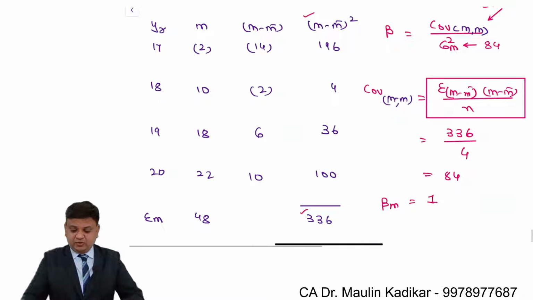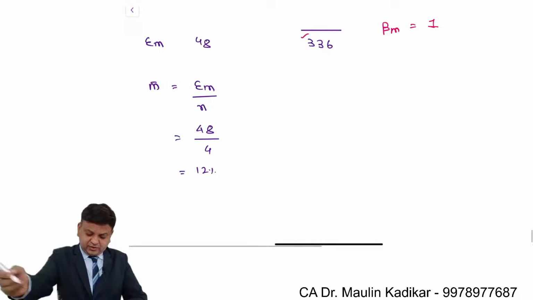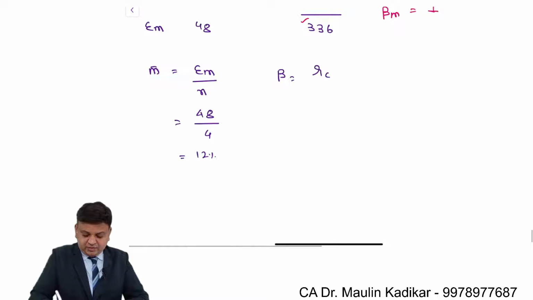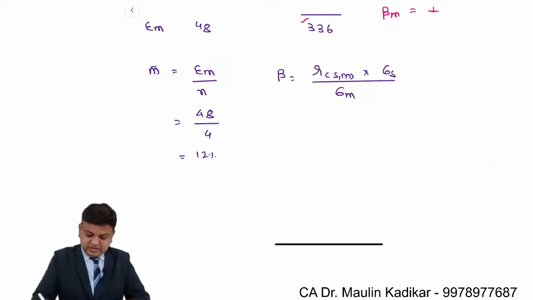Understand carefully what I am going to speak further. If you apply the alternative formula, that is beta is correlation coefficient of security with market into standard deviation of security divided by standard deviation of market portfolio. Now what is the correlation coefficient?